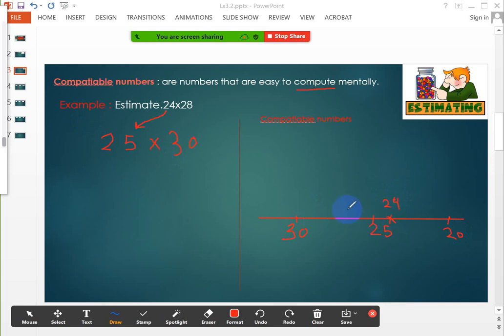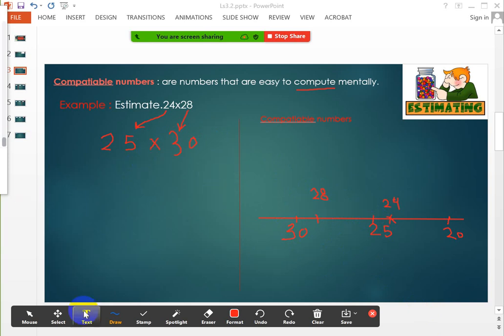So the compatible number for 24 is 25. And what is the compatible number for 28? It's 30. Why? Because 28 is right here, close to 25 or 30. Look at the distance. It's close to 30. So those are compatible numbers. Mostly it will be 0 or 5.